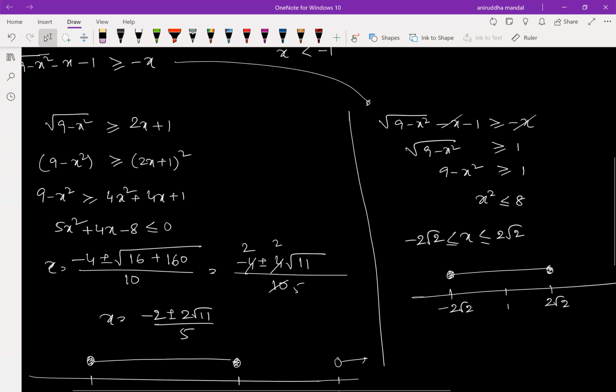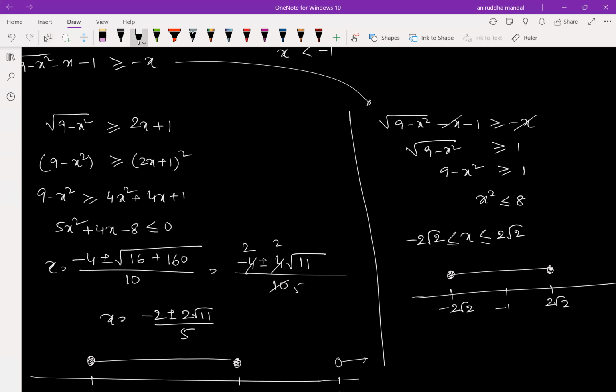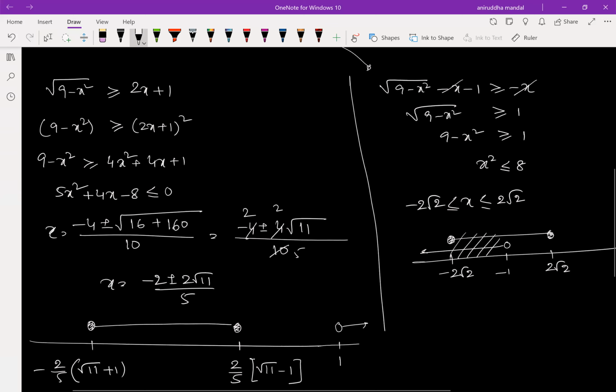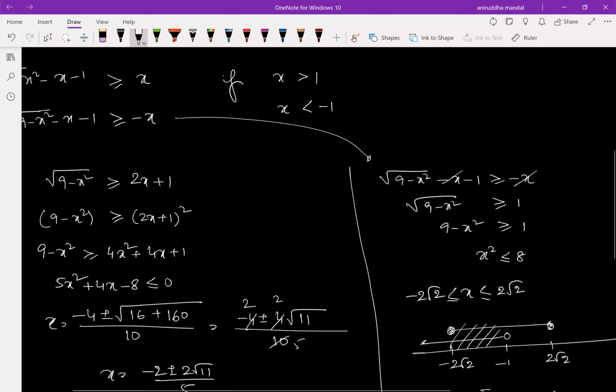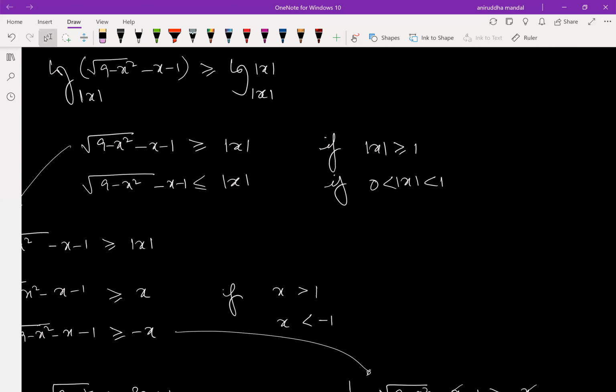So this is less than minus 1 means this position, so we get x here as minus 2 root 2, and minus 2 root 2 is inclusive, comma minus 1. So this is the first solution from this first expression when it is greater than mod x.